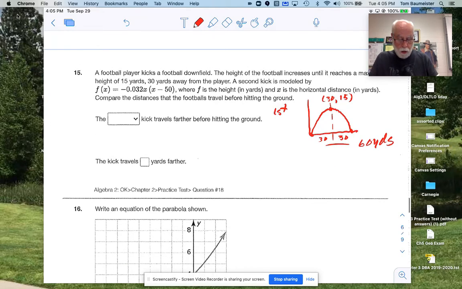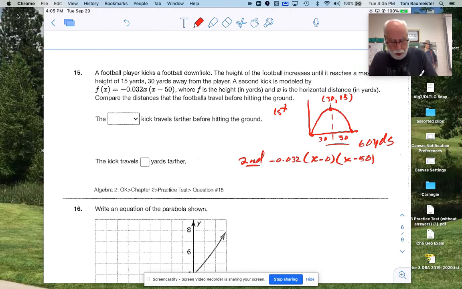On the second one, we don't really need to do a picture, but we still can. We have 0.032. Remember, the first one is x. If it doesn't have a number attached to it, it's x minus 0. Again, that's our starting point. And then we have x minus 50.